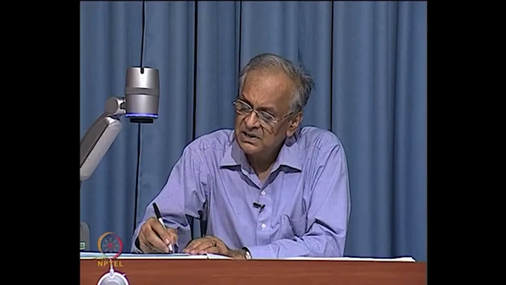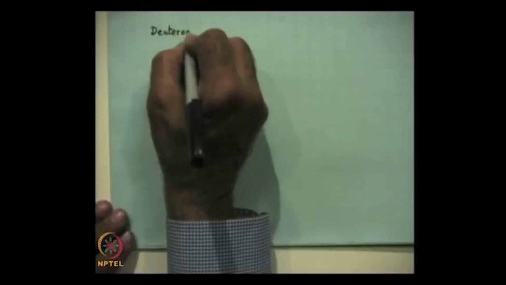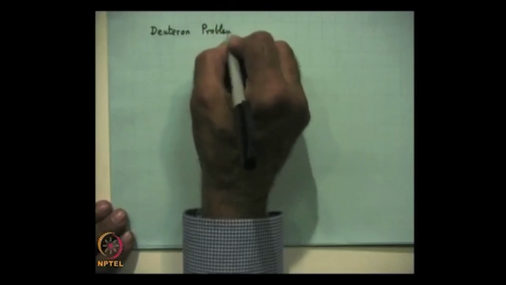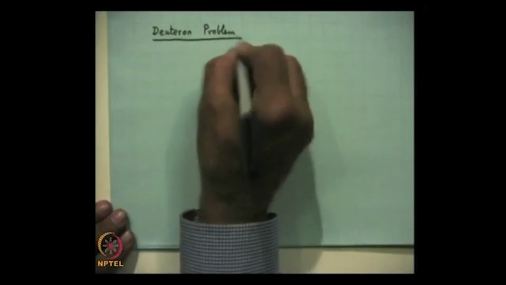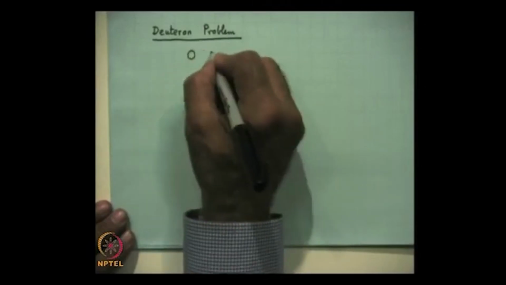We consider the deuteron problem. This is the fundamental problem in quantum mechanics, in nuclear physics, in which you have a neutron and proton.